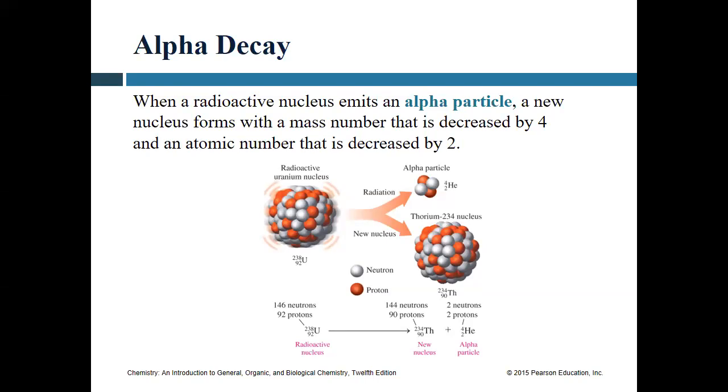So thorium would also be a solid. Thorium and uranium are both somewhat naturally occurring. They both would be found in rocks.